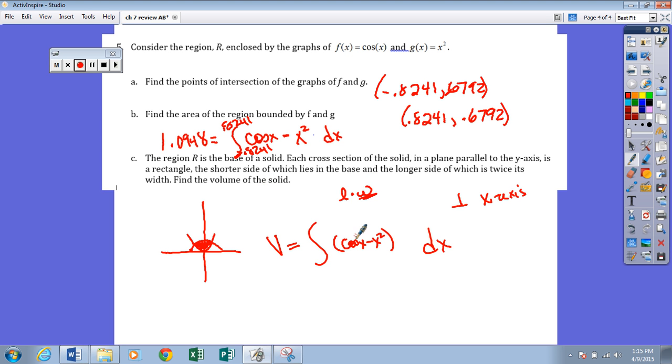So if this is twice that amount, then I'm going to be multiplying this by 2 more of these. So I'm just going to call that squared, since that whole thing is getting multiplied by itself, and then I'll have this 2 on the outside. That's going to be the formula, and that's what you type in. We're still doing with respect to x, so negative 0.8241 to 0.8241, and we're just going to do Math 9 on that and get an actual number for volume, and that should be it.